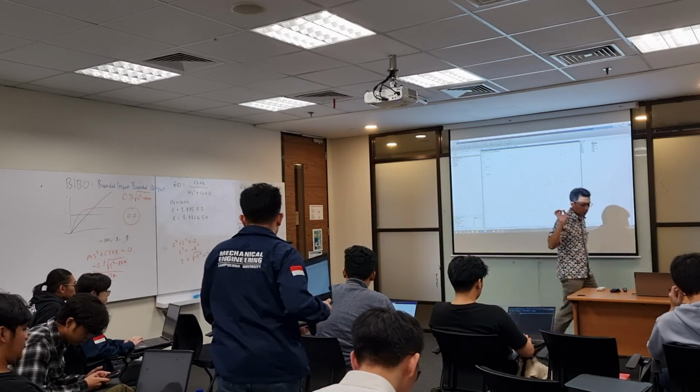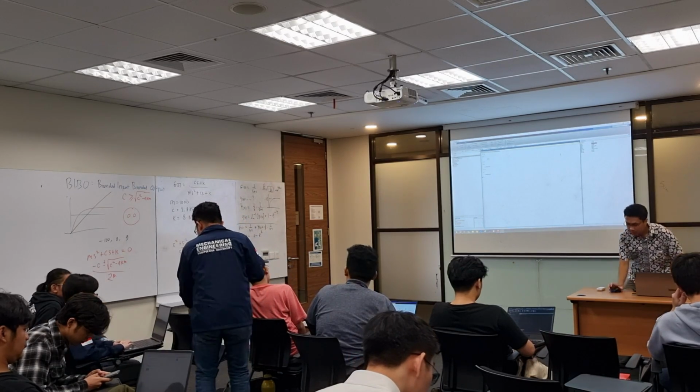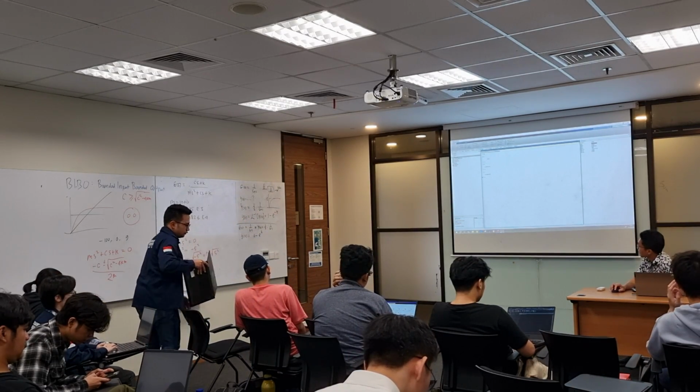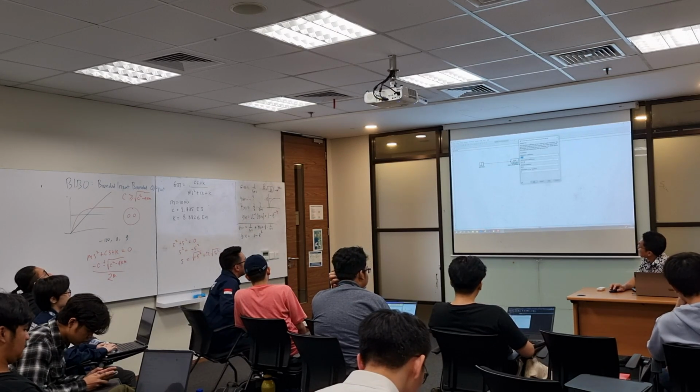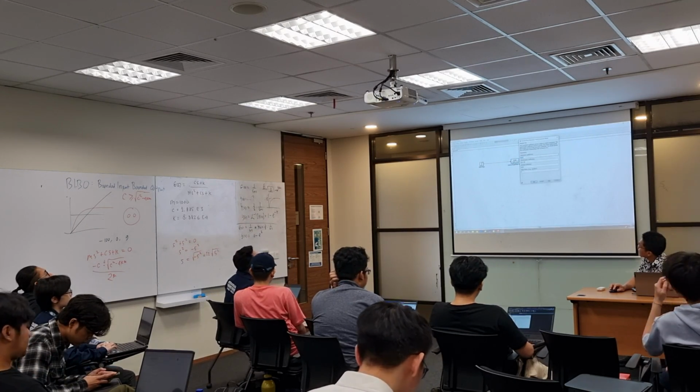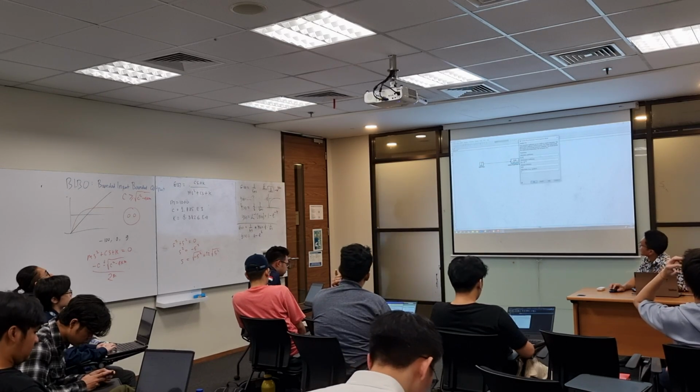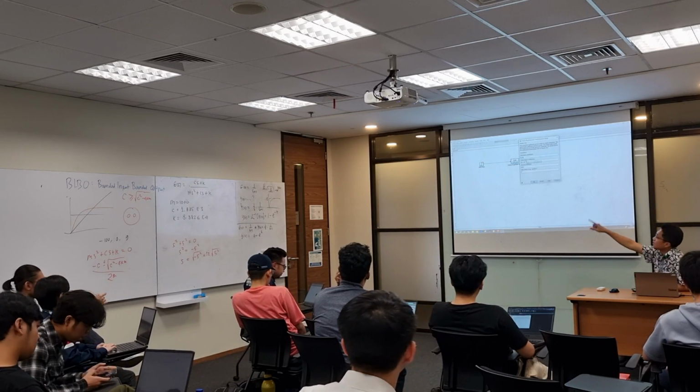No, no, no. You just type. So you double click the block, and then you replace the numerator by the number. So you replace the C, you put it there.